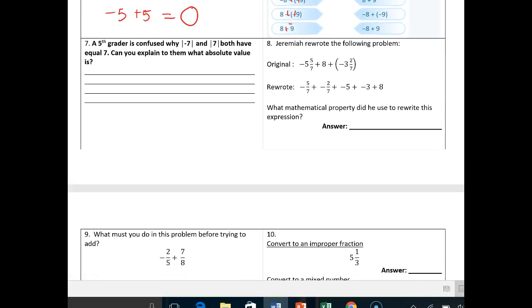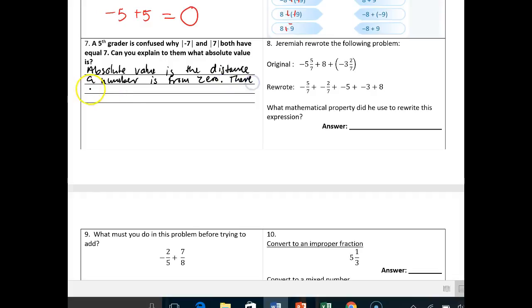Number 7, a 5th grader is confused on why absolute value of negative 7 and absolute value of 7 both equal 7. Can you explain to them what absolute value is? Yes, absolute value is the distance a number is from 0.